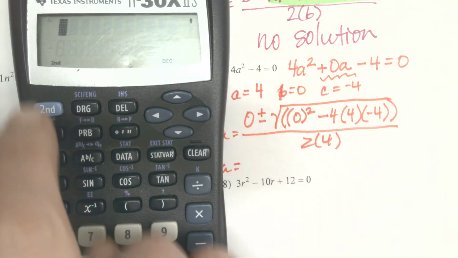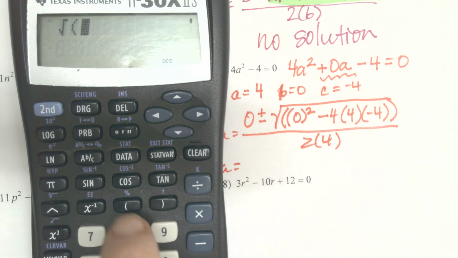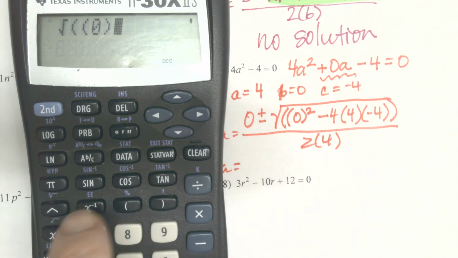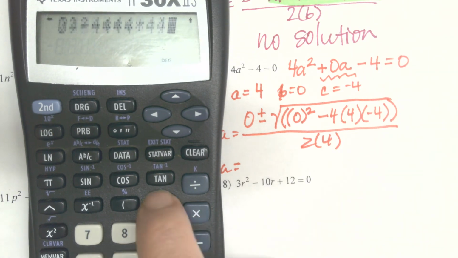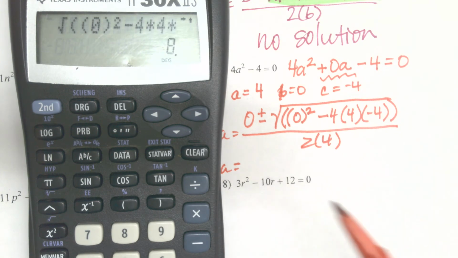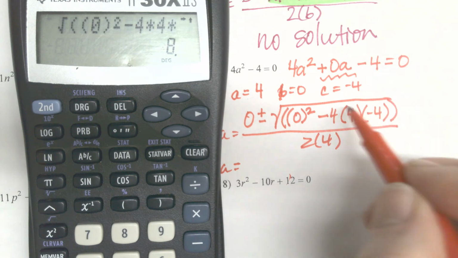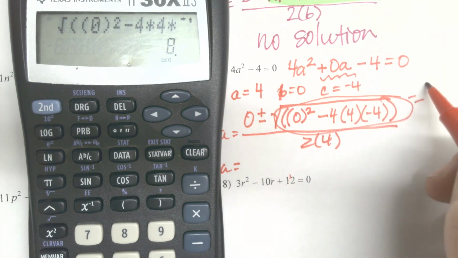Okay. Second square root. Second parenthesis 0, end parenthesis squared, minus 4 times -4, end parenthesis equal. I get 8. Did you guys get 8? Okay, good. So I get 8. So this thing equals 8.